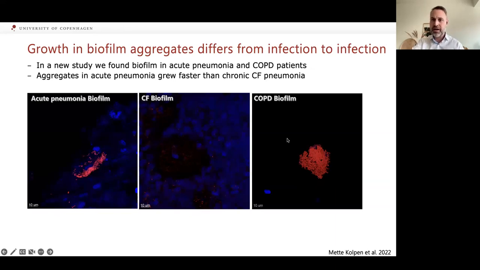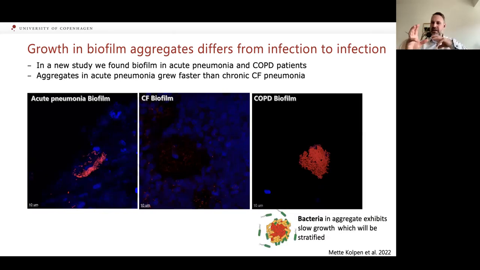And this is COPD, where they grew a bit faster. And then we found in acute pneumonia biofilm, yes, acute infections also have biofilms in them, they grew much faster. So the state of your infection can be attributed to your metabolic activity, and that could maybe also explain whether the treatment is working or not working in these infections.